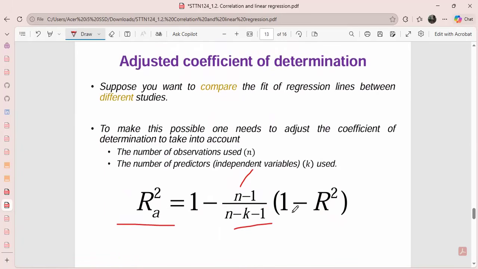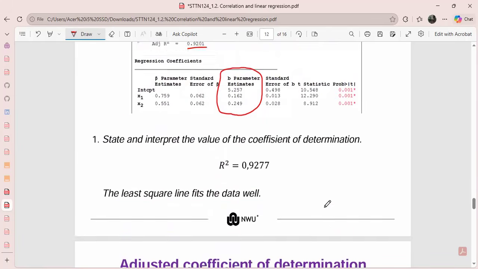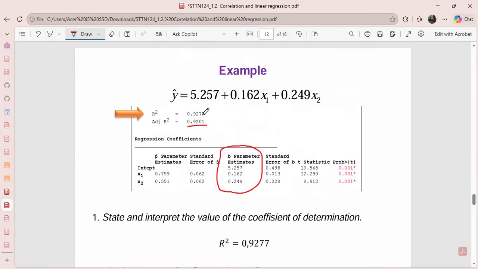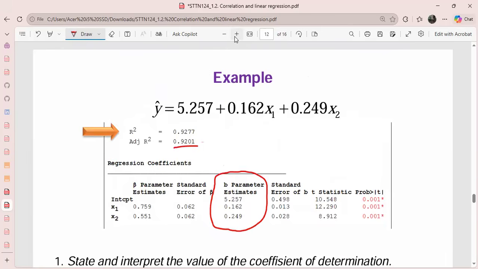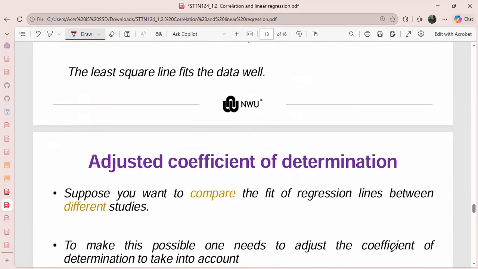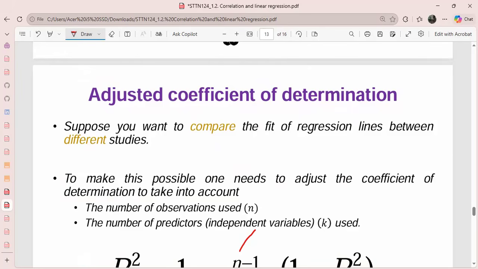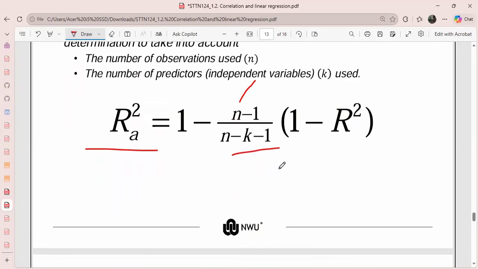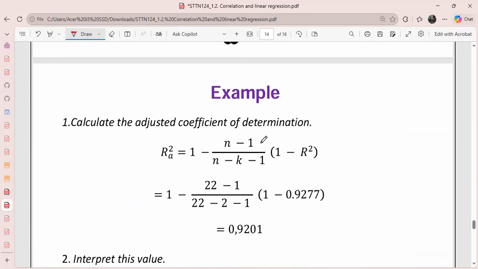And then you say 1 minus, what is the R squared? R squared is this one that we are given, 0.9277. That is your R squared. So that's how you get the adjusted coefficient of determination. That's how you substitute.